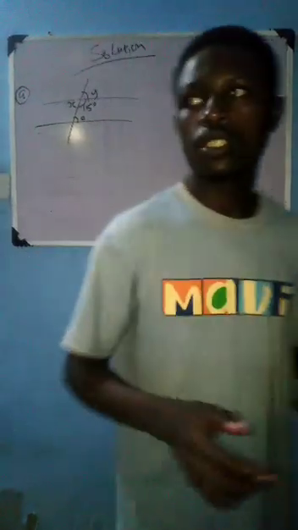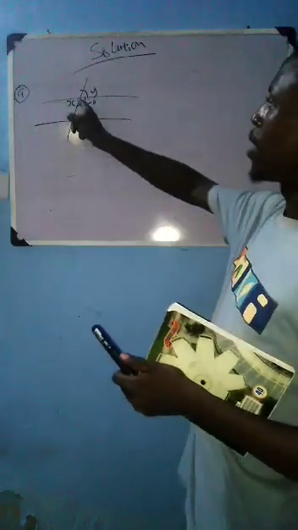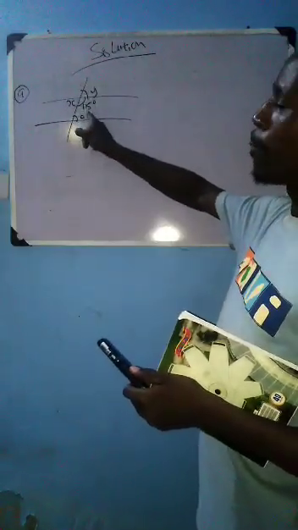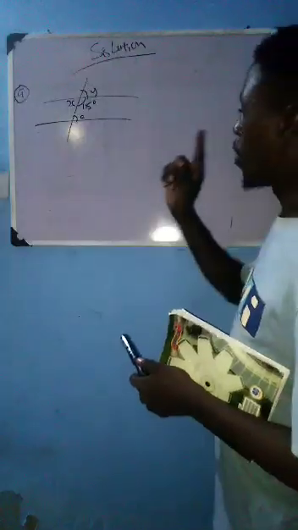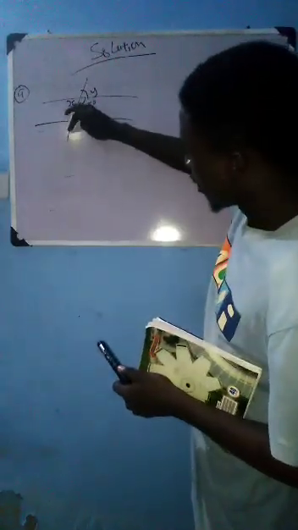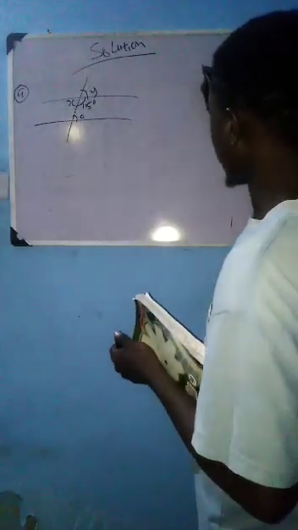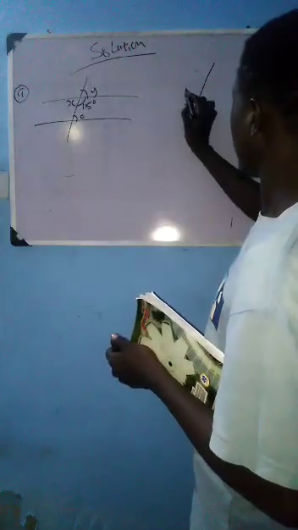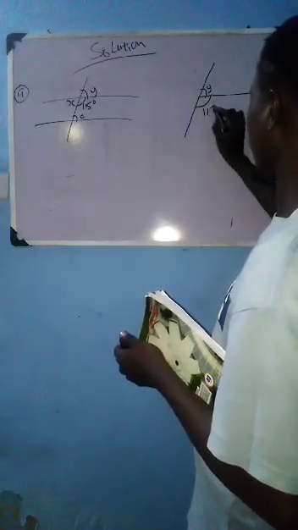First of all, look for the point that has a number. From that number, you can find the rest. So let's consider this line. Let's cut this side, and here we have Y, and here we have 115.